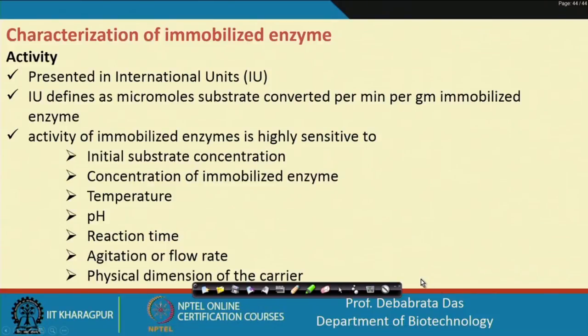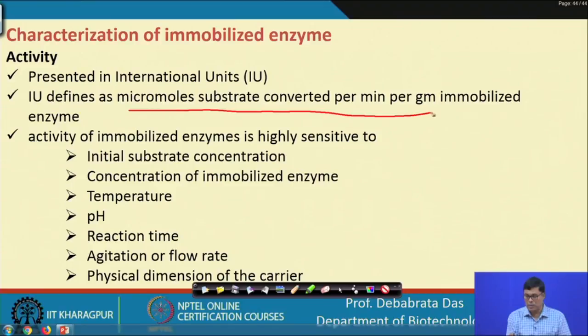Now, the next question that arises: how do you express the activity of the enzymes? The activity of the enzymes can be expressed as micromoles of substrate converted per minute per gram of immobilized enzyme. This is how the activity is expressed, and the activity of immobilized enzyme is highly sensitive. It depends on several factors.